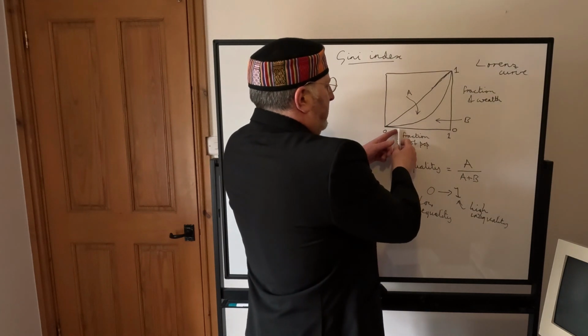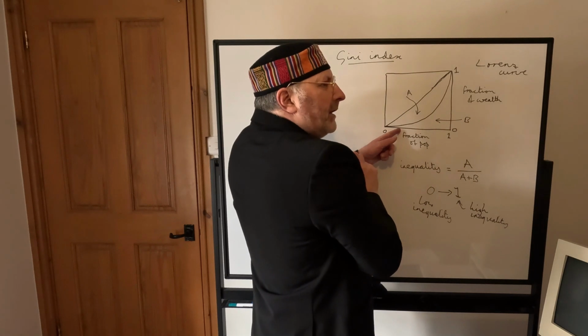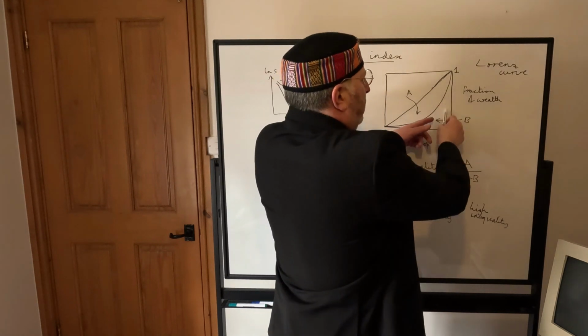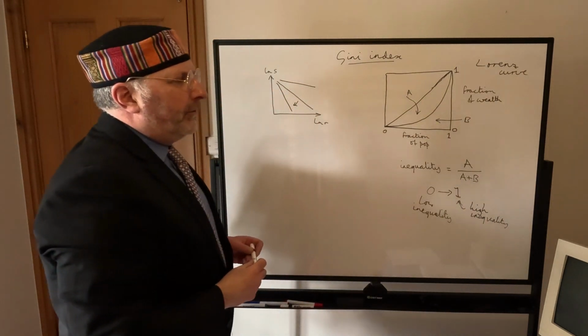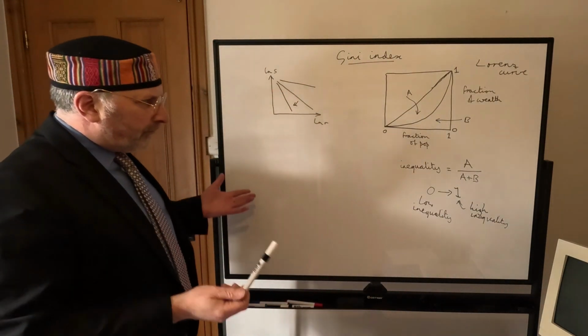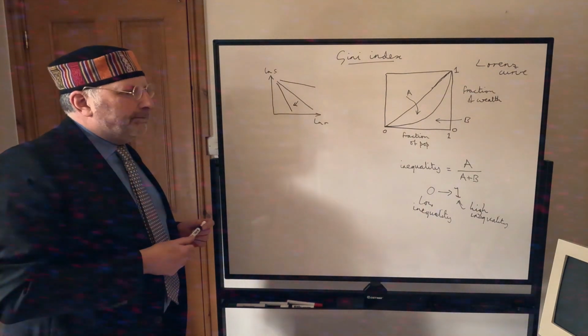So the 10% smallest cities would have a fairly small share of the overall population, and the largest cities would have a disproportionately large share of the total population of the country. So we can measure inequality in any kind of data using this.